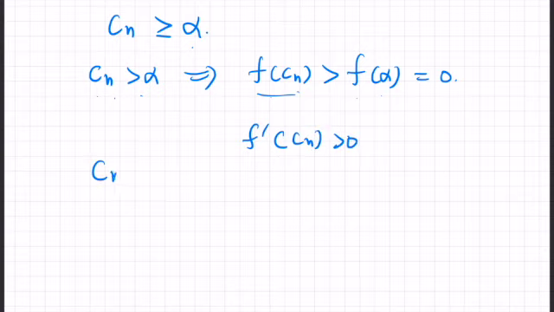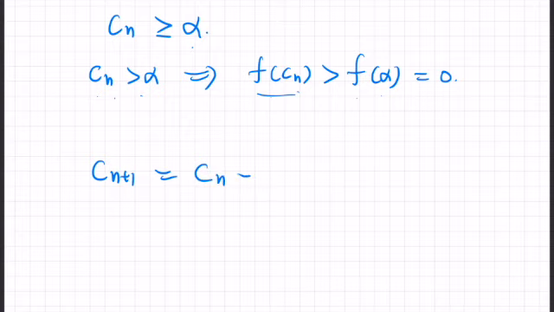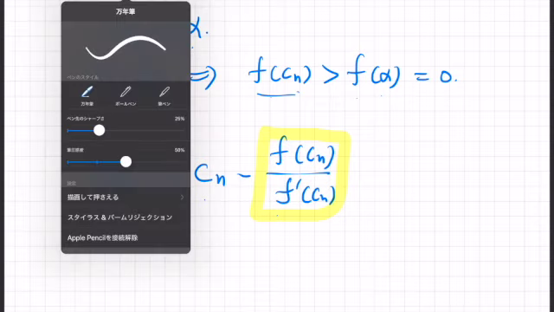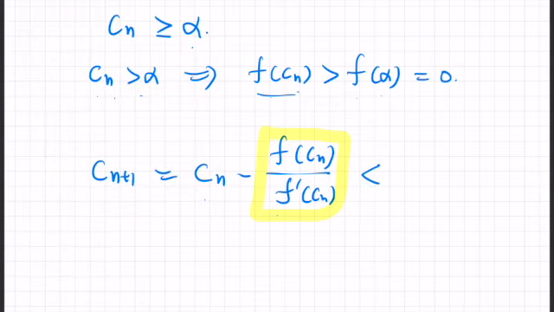So this is positive. And by the given condition, f prime of Cn is positive. So this means Cn plus 1 equals Cn minus f of Cn over f prime of Cn. So this term is positive. We are subtracting a positive number from some number. Therefore, this is less than Cn.